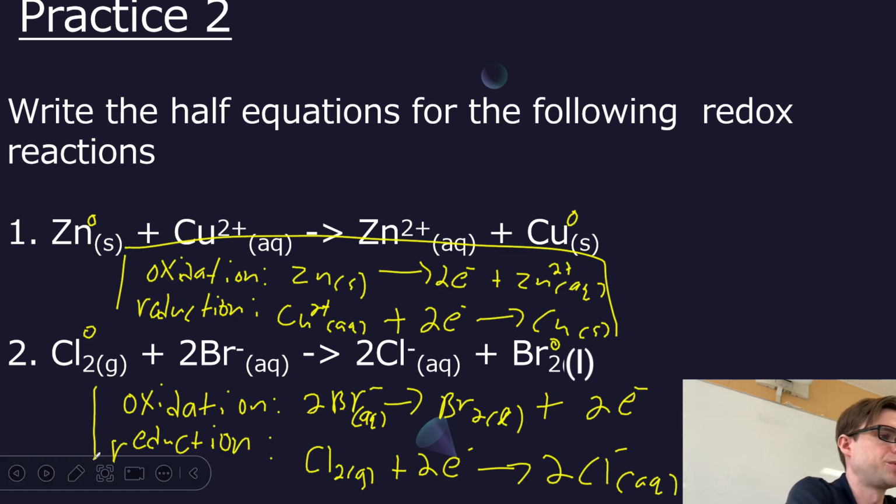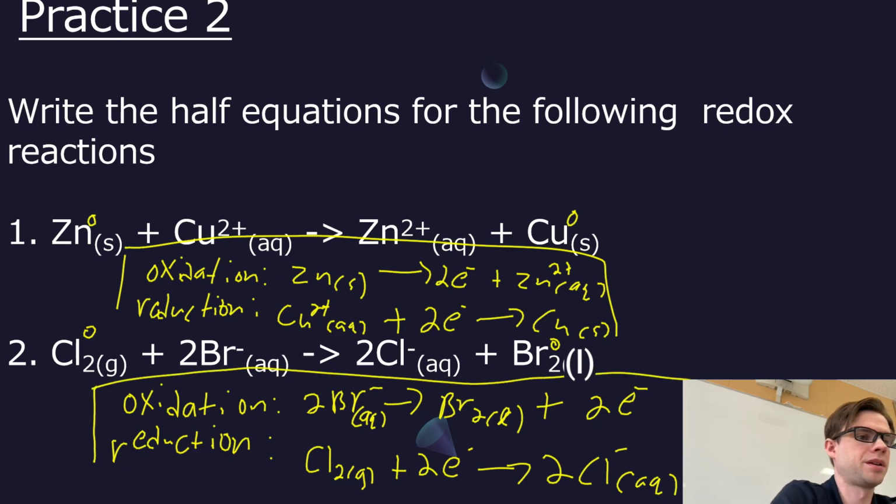We didn't have to multiply any of these. But you can imagine if there was a different number of electrons for oxidation versus reduction, you'd have to multiply either the top or the bottom or both to get some common whole number of electrons being transferred, for this to make sense with conservation of matter and particles and charge. But for what we're doing today, this is probably good enough practice.